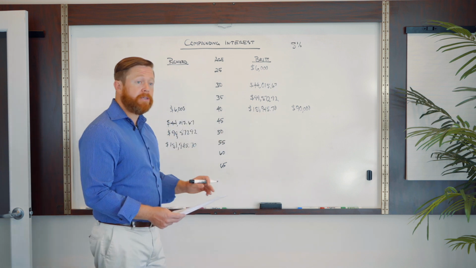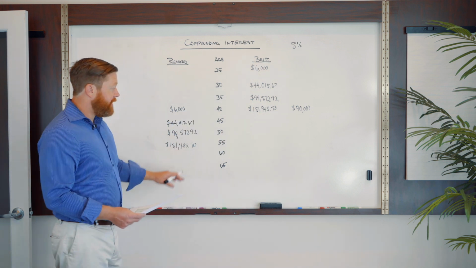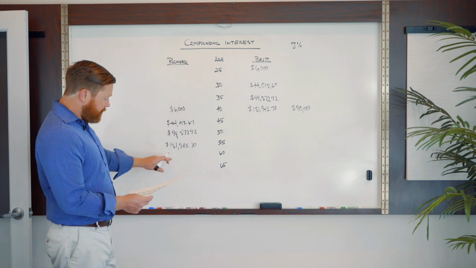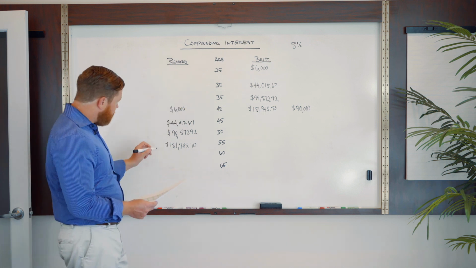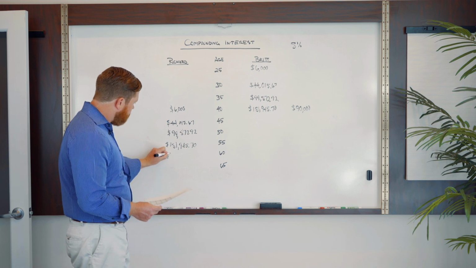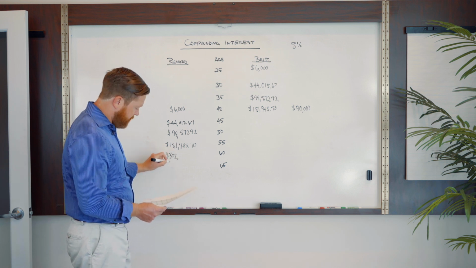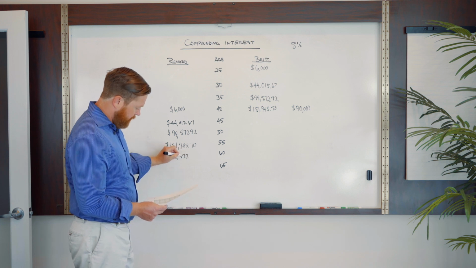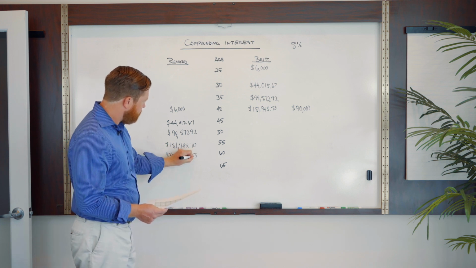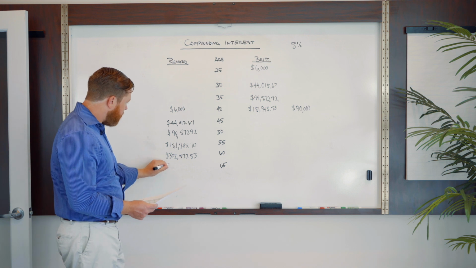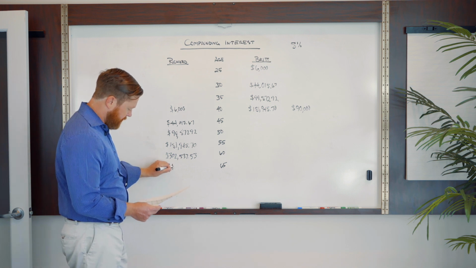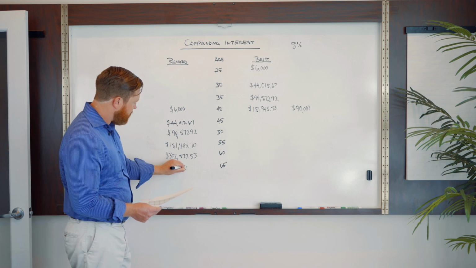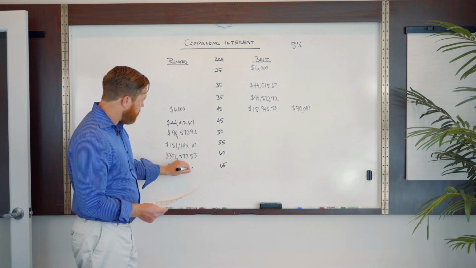He can't afford to stop contributing the way that Britt did. He's going to keep contributing the $6,000 a year for the next 10 years and then earn the same 8% interest. So by age 60, now he has $302,537 and 53 cents. And then the final number here at age 65, $479,726 and 49 cents.